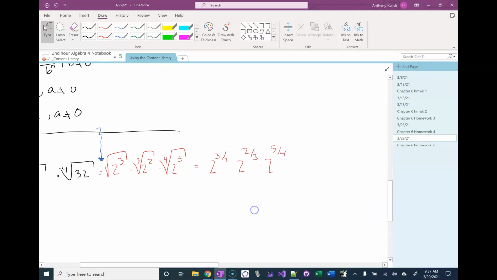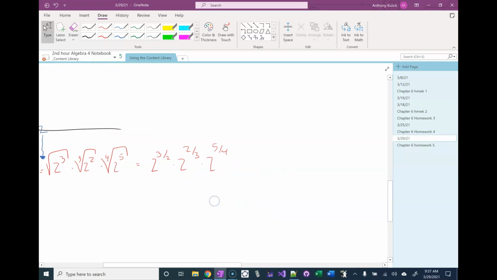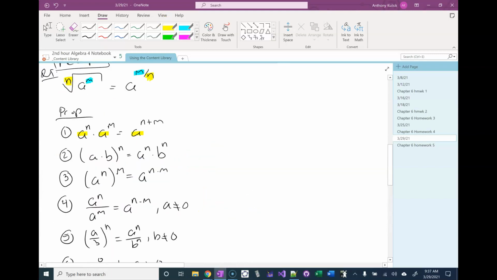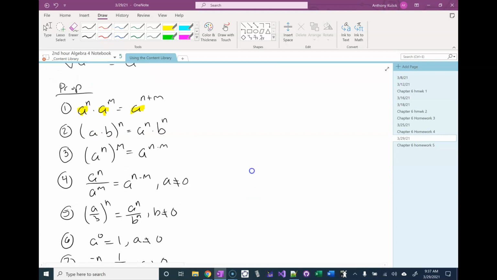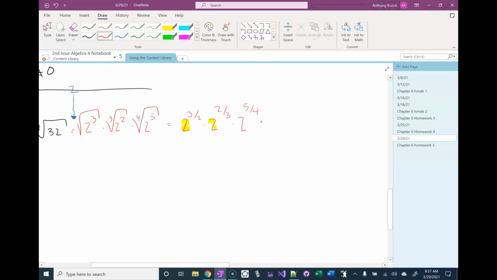Now this looks like property 1 to me, where I have things with the same base being multiplied together. Right? So notice when I multiply these together, the base doesn't change. I just add the exponents. So here I'm going to have 2 to the 3 halves plus 2 thirds plus 5 fourths.